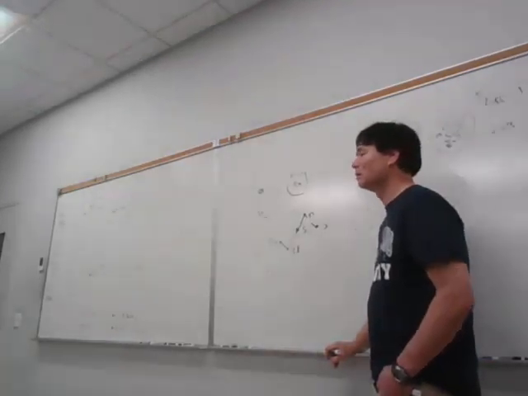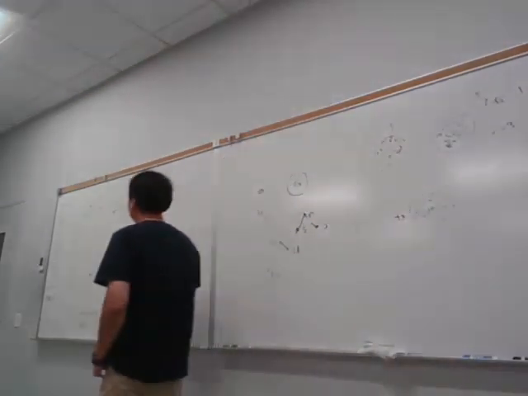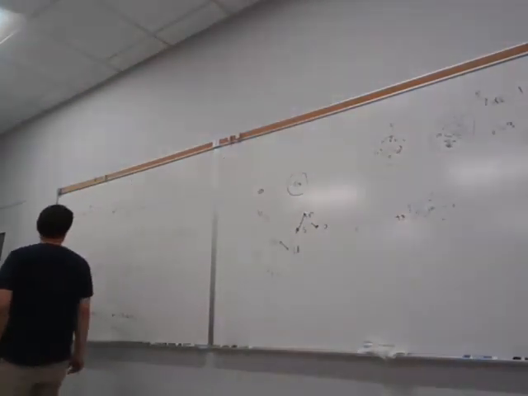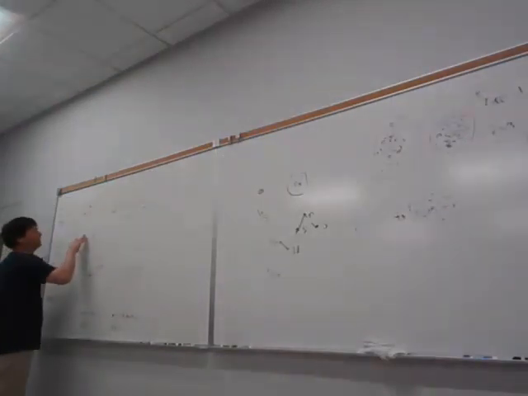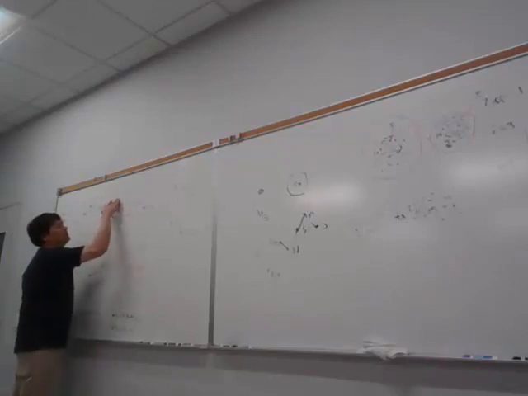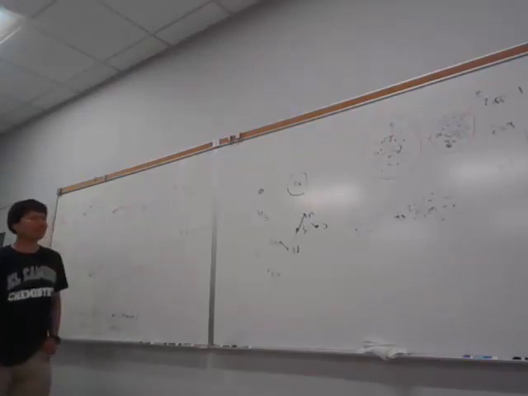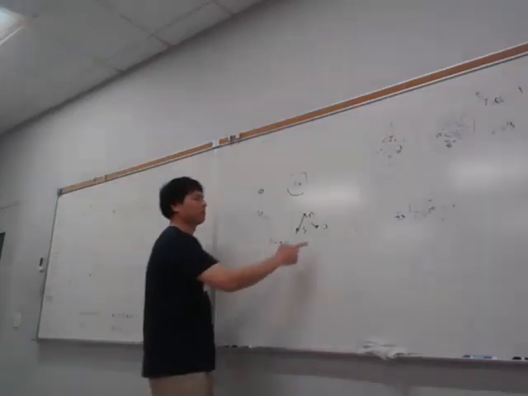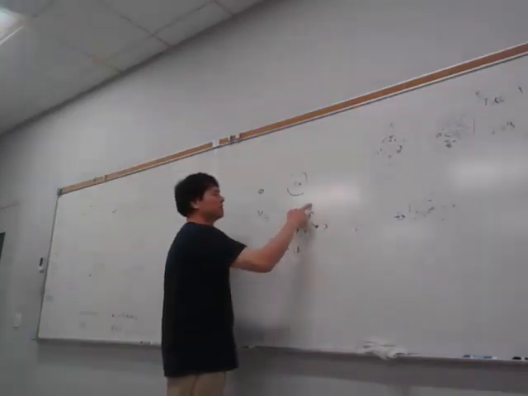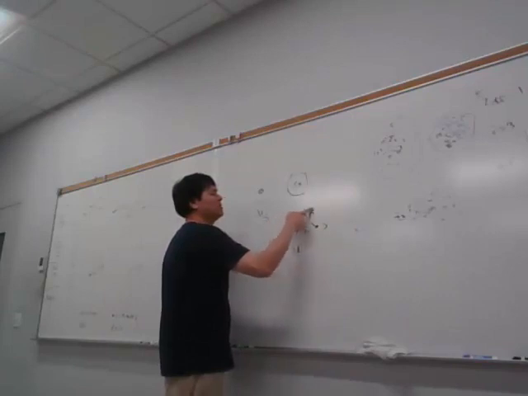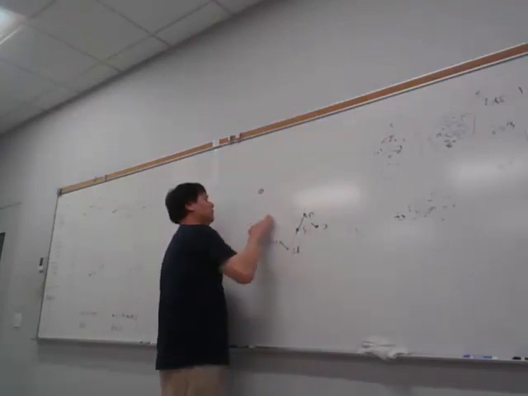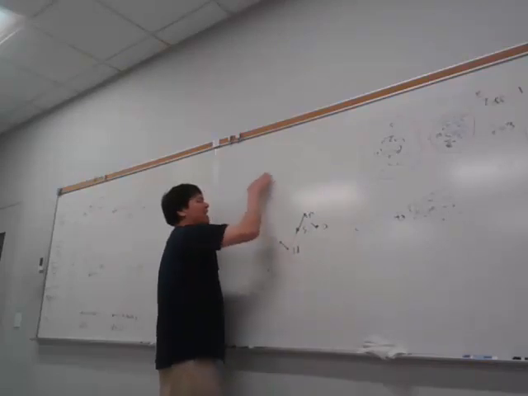Why is that? Let me erase some of these here. So this is an exception. Why do we have an exception? Sulfur is smaller than phosphorus, and yet it's easier to ionize. That doesn't make sense. So sulfur is easier to ionize. Why is that?